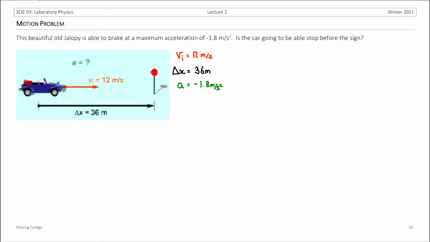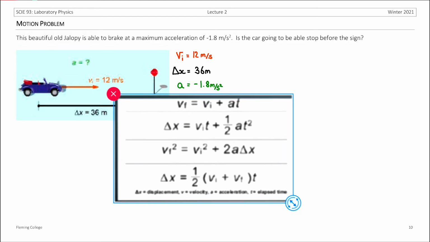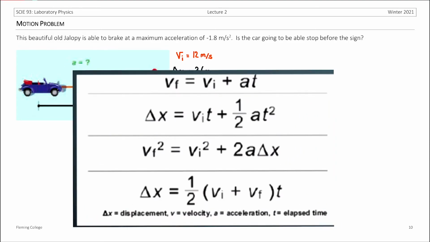If we're being asked, is the car going to stop before the sign, then we need to use the information we have and determine the final velocity when the car reaches the sign. Looking at our equations of motion, we see one equation that mentions final velocity, initial velocity, acceleration, and change in position.